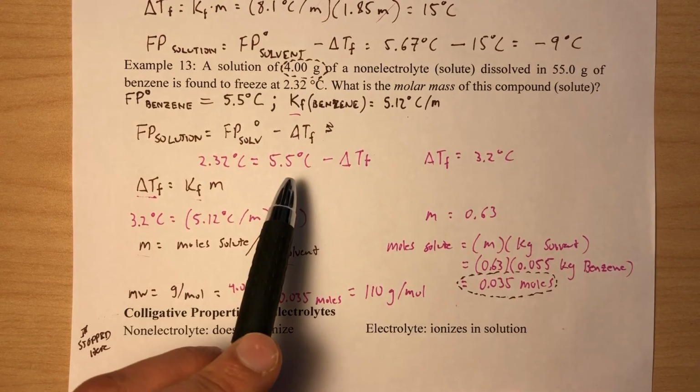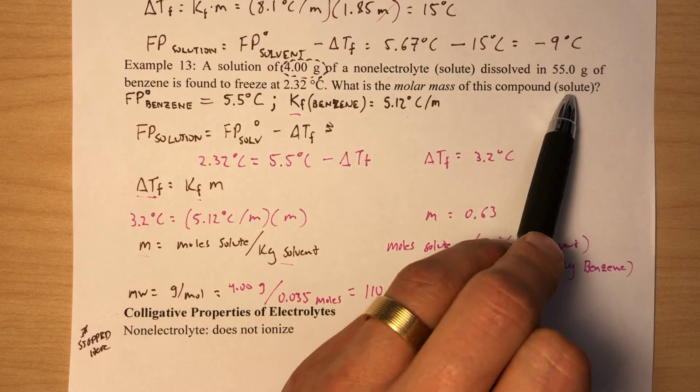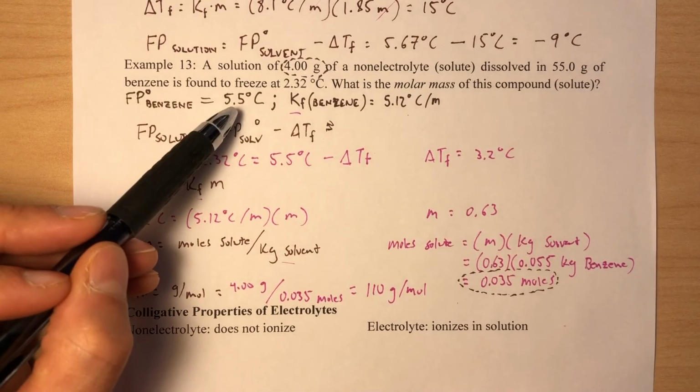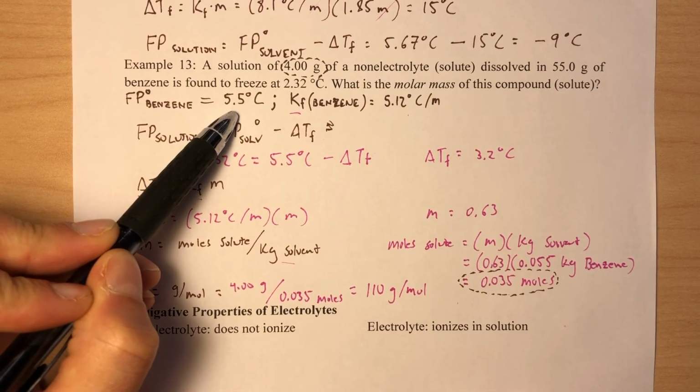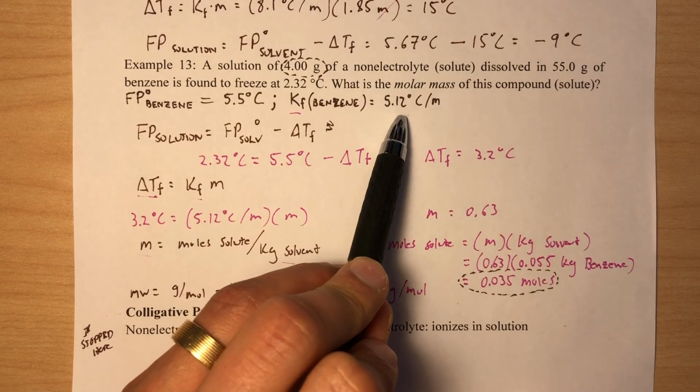That is all the information that we have, and we're going to be able to calculate the molar mass of the compound, the solute. So benzene from that table has a freezing point of 5.5 degrees when it's pure benzene, and we have a freezing point constant of 5.12 degrees Celsius per molal.